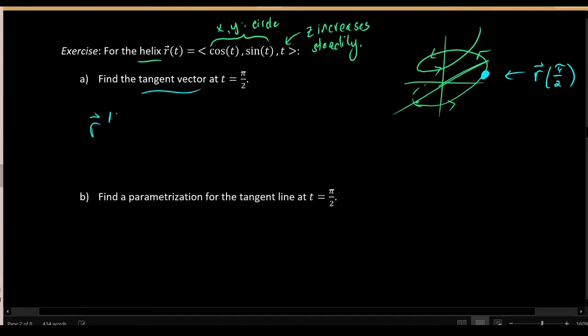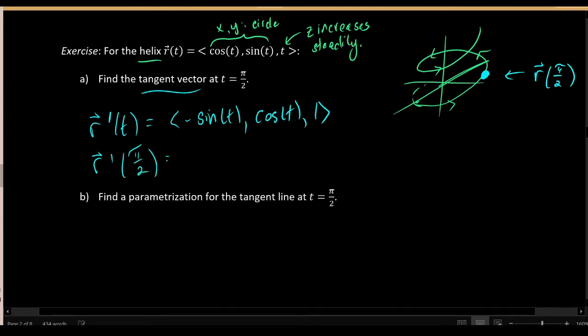So the first thing that we need to do is find a general formula for the derivative of r. Negative sine, cosine, and 1. Only when that has been done are you free to plug in the specific time that they're interested in, pi over 2.